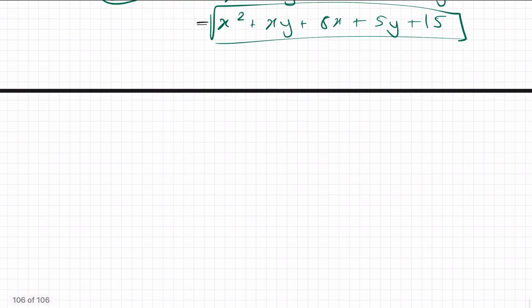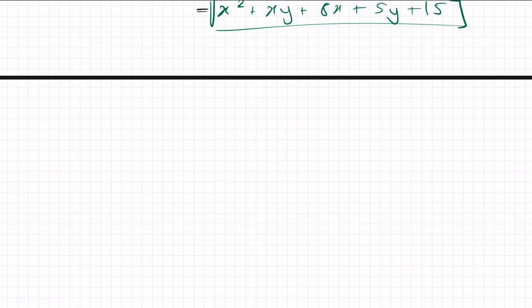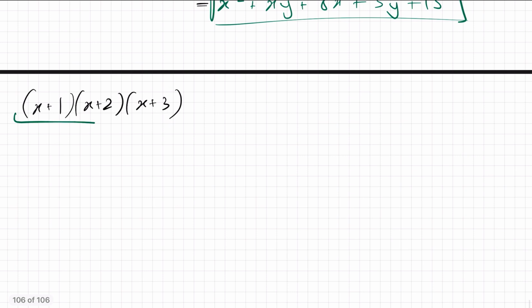I'll do one more example. And in this example, I'm going to have 3 brackets. So let's have x plus 1, x plus 2, and x plus 3. So like the other times, let's take this entire first bit as a single bracket, and we'll just multiply it by these.